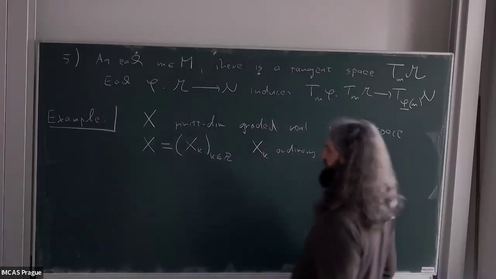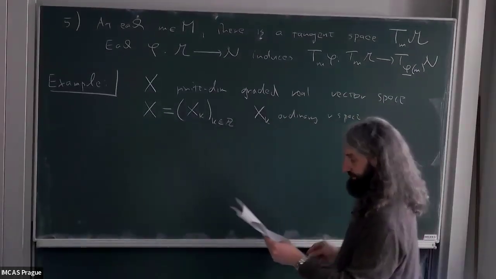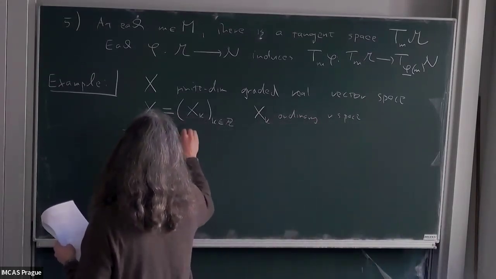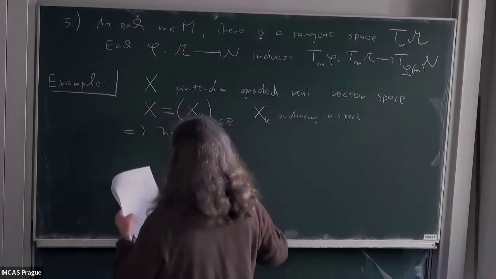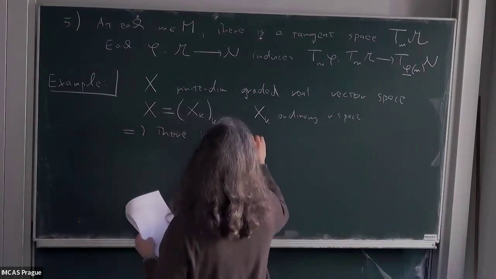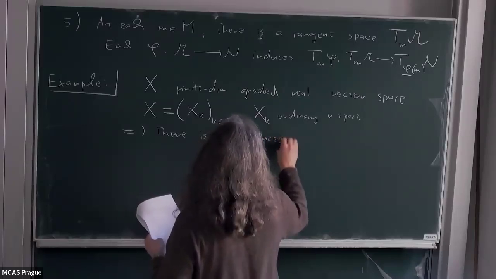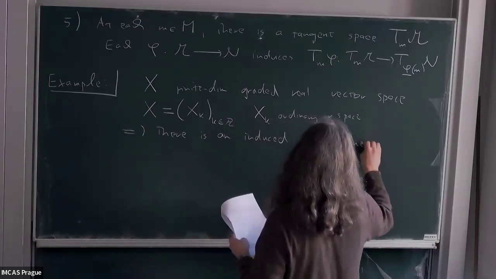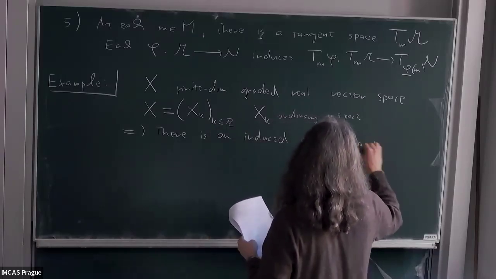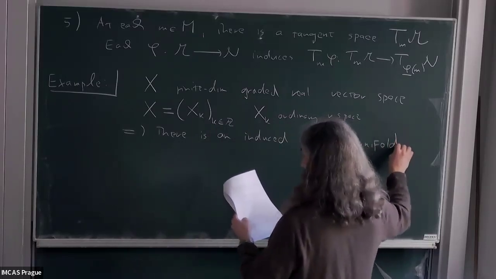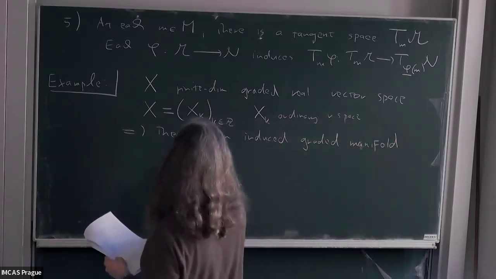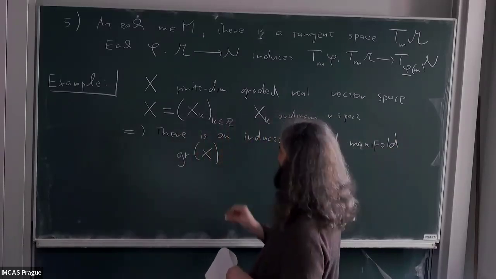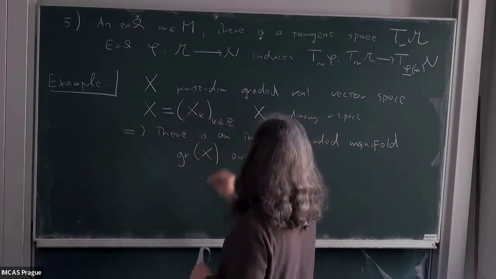So graded vector spaces are just sequences of ordinary vector spaces, and then there is an induced graded manifold, which we denote as GR of X, like graded manifold out of X. And what is the underlying manifold?